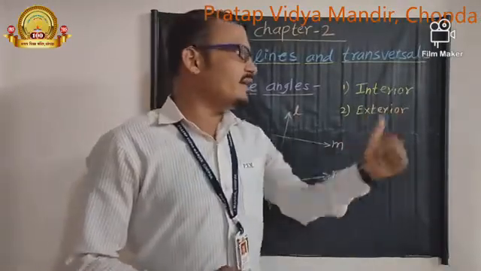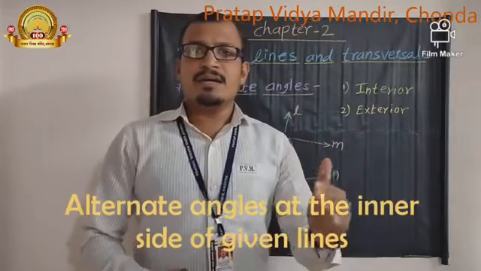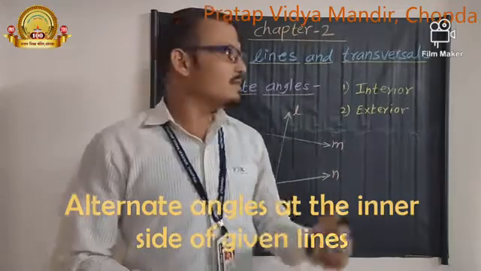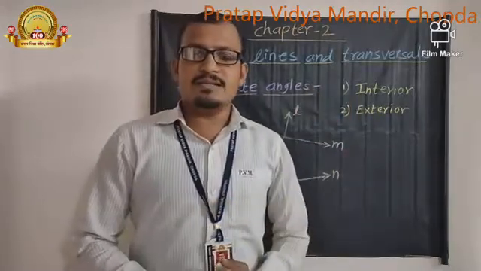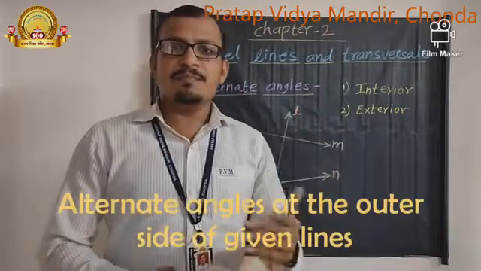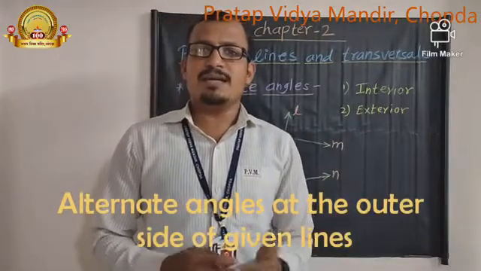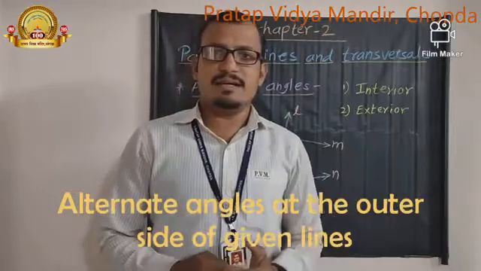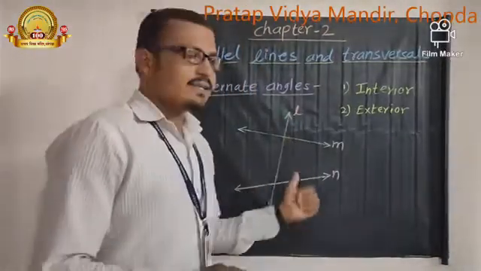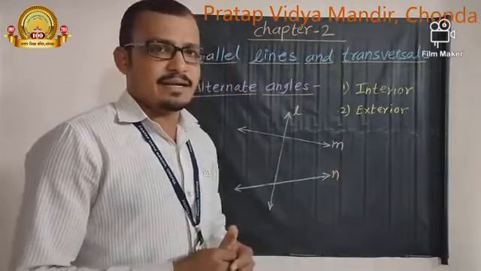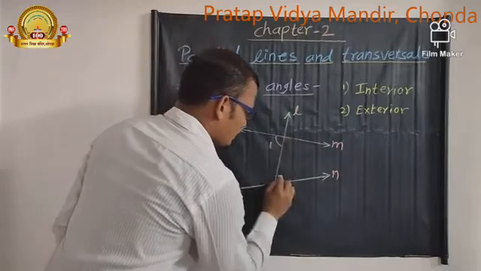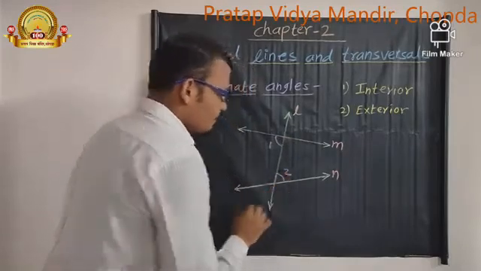What is interior alternate angle? Alternate angles which are inside of given lines are called interior alternate angles, and the alternate angles which are outside of given lines are called exterior alternate angles. For example, suppose line L is the transversal of line M and line N, and suppose we take two angles, angle 1 and angle 2.